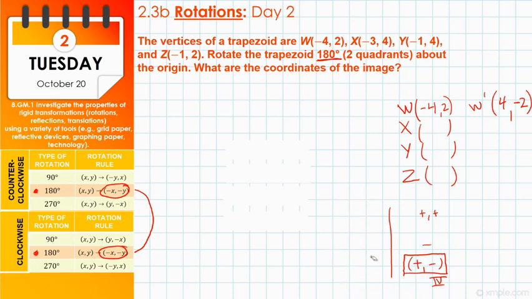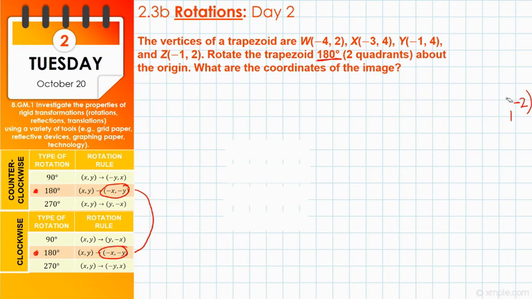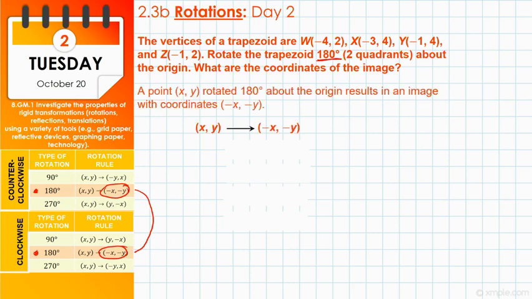So let's walk through each of the coordinate points and see if we're on track, if looking at it in that light works. It says a point XY rotated 180 degrees about the origin results in an image with coordinates opposite X, opposite Y. So we said that -4, 2 should be 4, -2.